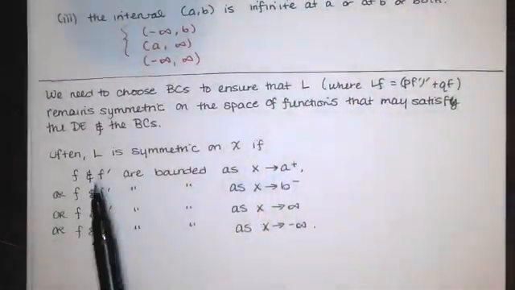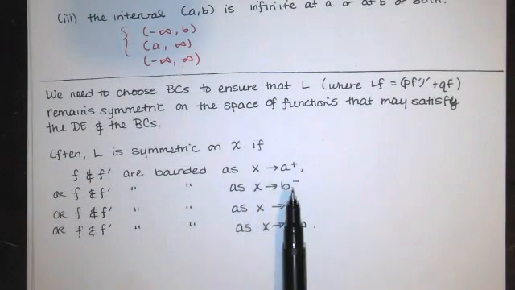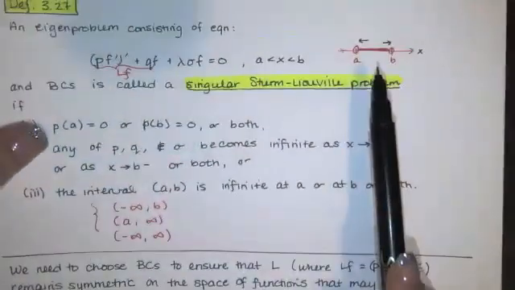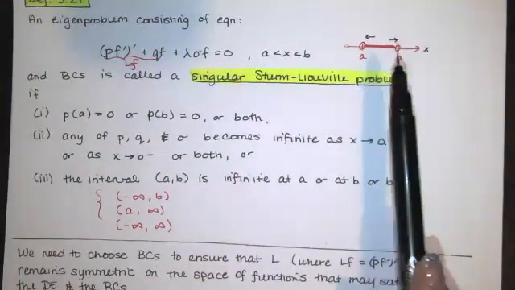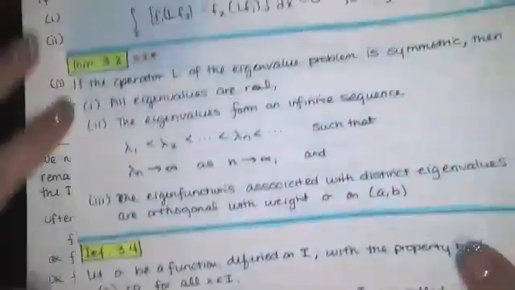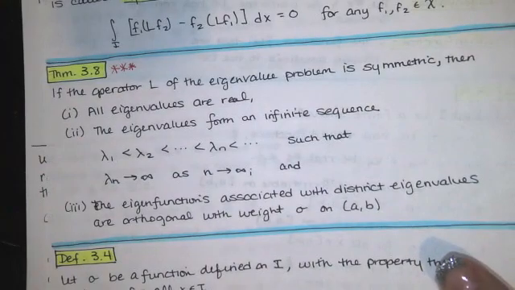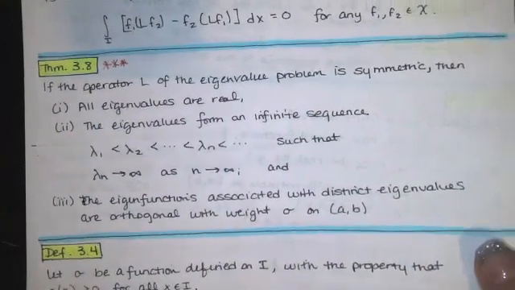Often, as long as the function and its derivative are bounded as we approach that left endpoint or right endpoint from the interior of the interval that we're interested in, then our operator is symmetric, and because our operator is symmetric, we get all the things that we want. So then we have a well-posed singular Sturm-Liouville eigenvalue problem.